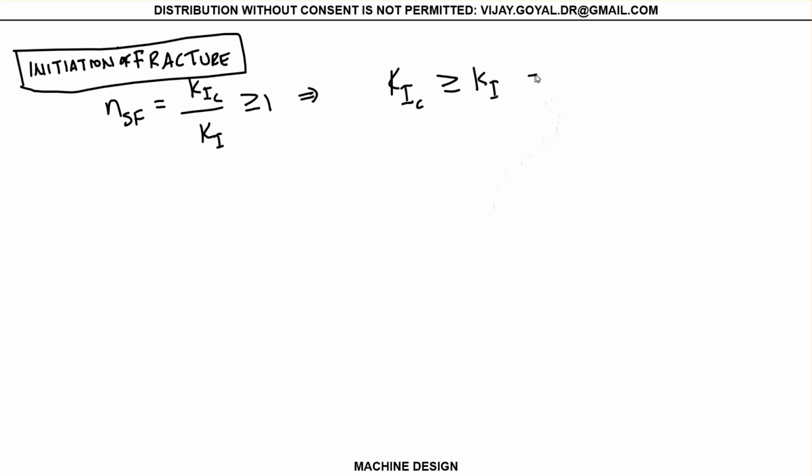And then I can substitute this value: K_I is beta sigma square root of pi a. Just recall this is sigma, no crack.